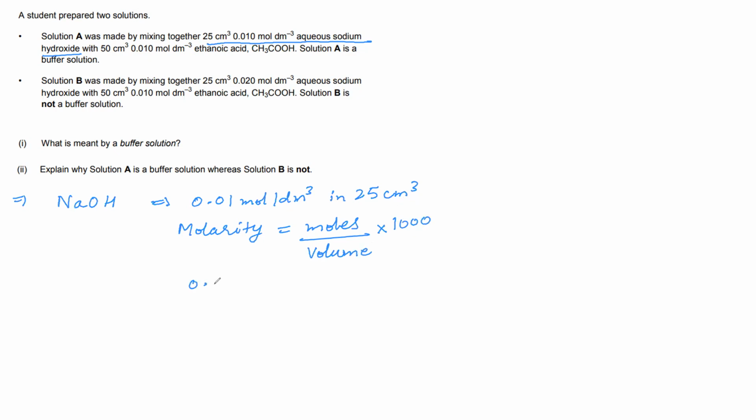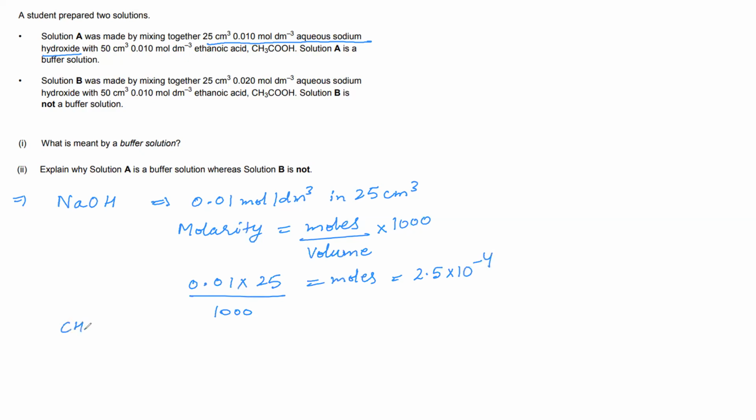So molarity is 0.01 times volume, which is 25, and divide by 1000 equals moles. Moles will come out to be 2.5 times 10 to the power negative 4.